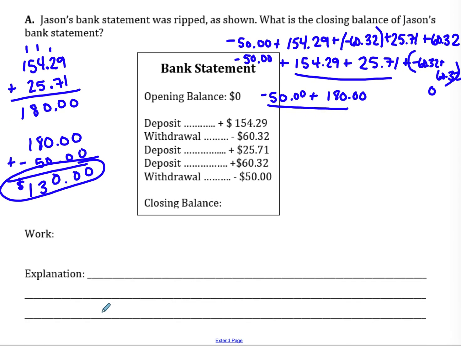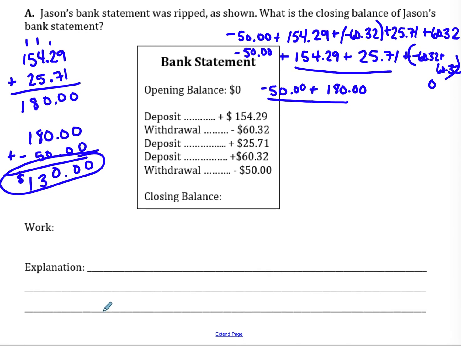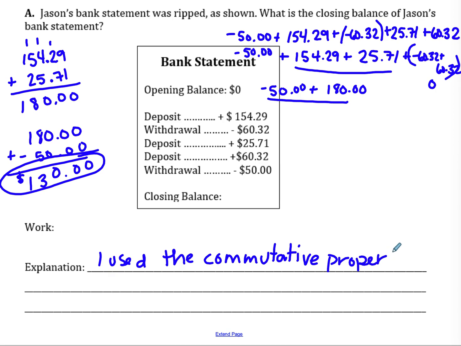I'm going to move it up because you can't really see where I'm supposed to write my explanation. It asks me to explain what strategies I used. So let's see. My explanation is I used the commutative property and inverse property. Actually, change that to put inverses together.